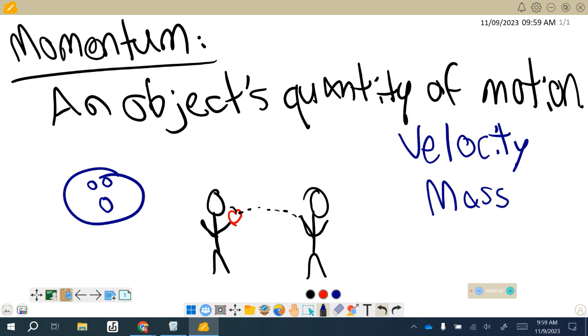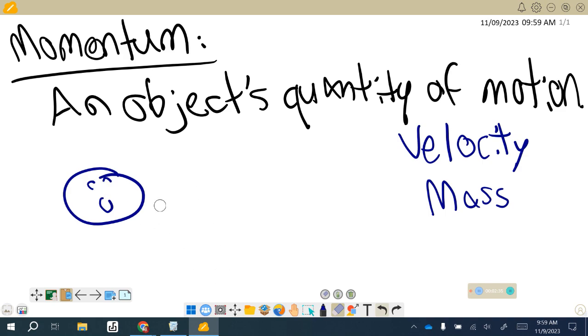Because that bowling ball has a lot more mass than an apple. So it's going to be a lot harder to catch, even though I might be throwing it slowly. Okay, so somehow then, velocity and mass are related to an object's quantity of motion. In fact, they're the only parts that make up an object's momentum.